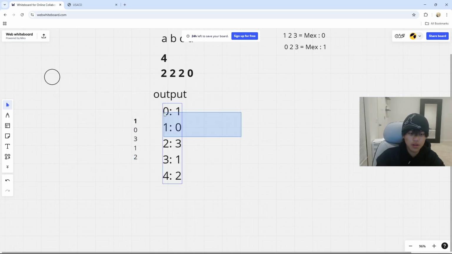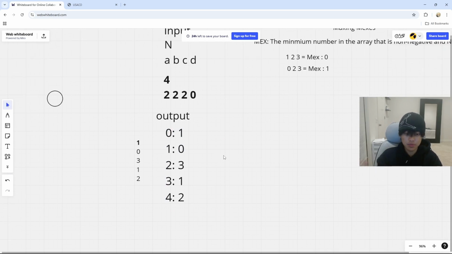So for each number like this, the first line is how many actions did it take to get the mex to be 0? And then line 2, which shows 0, is how many actions it takes to get the mex to be 1. Like we just went over, for the mex to be 1, you don't need to change anything, right? That's already the mex.